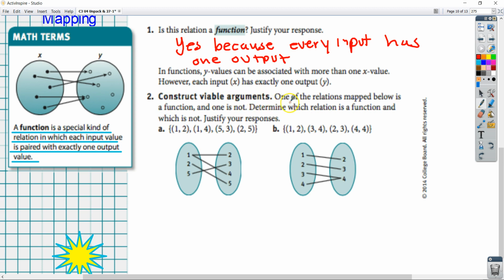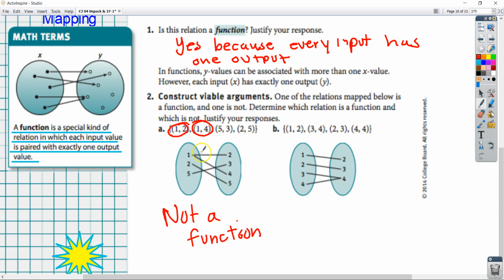Construct a viable argument. One of the relations mapped below is a function, and one is not. Determine which relation is a function and which is not. Justify your response. So go ahead and try that on your own, and then check your answers. If I look at this, 1 and 2, and 1 and 4, I have one input that has two outputs, so this is not a function.